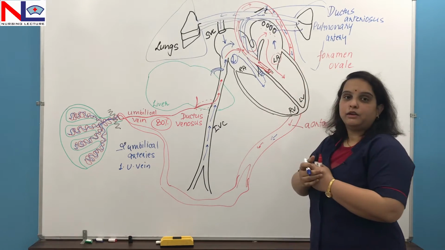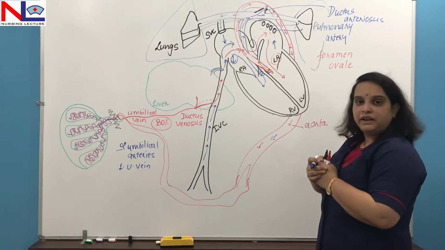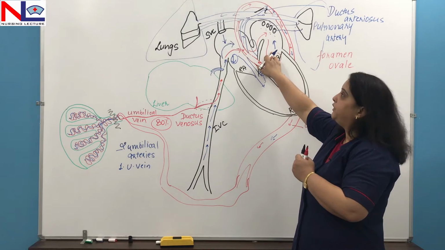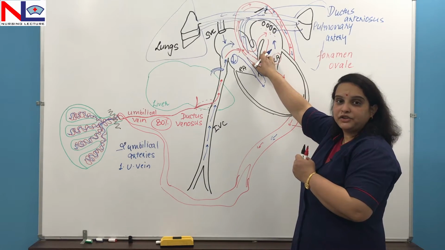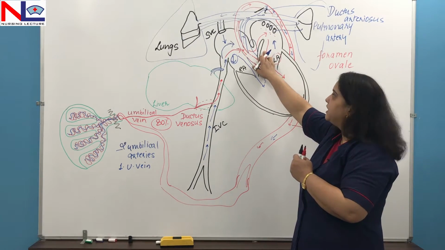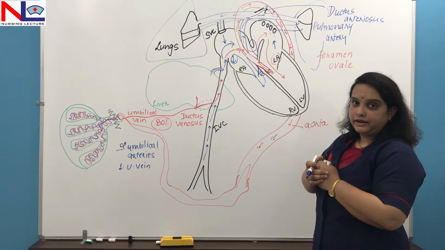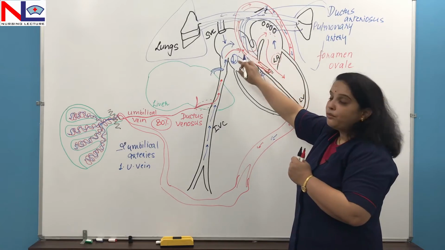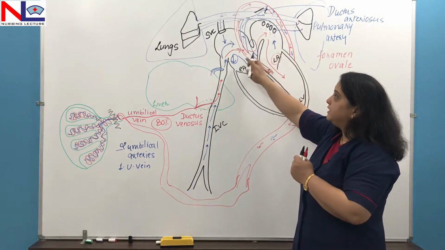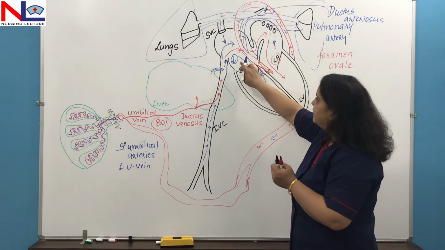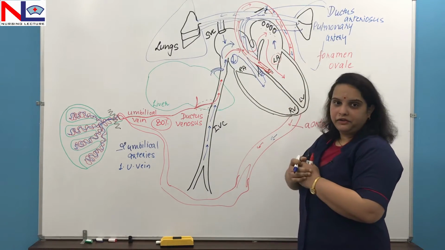It temporarily closes this opening. With this high pressure in the left atrium, the pressure against the septa closes the foramen ovale temporarily, and now no more blood will come through this opening from the right to the left atrium.